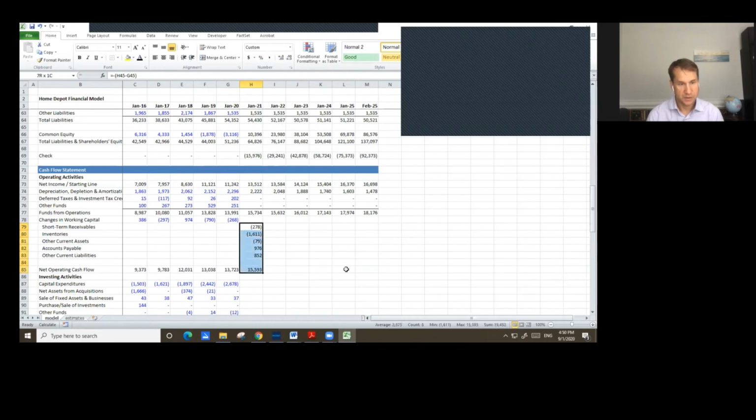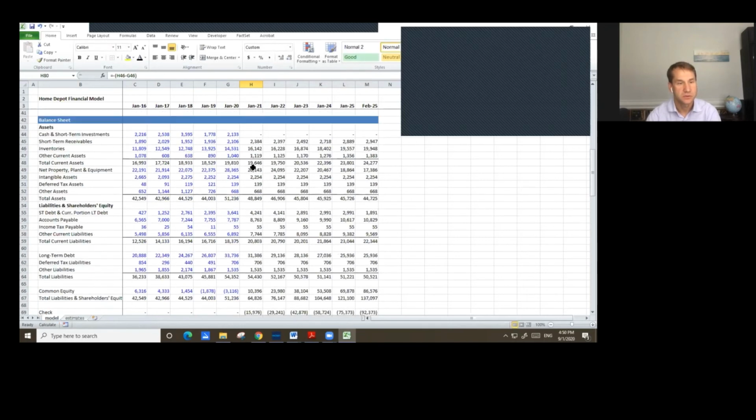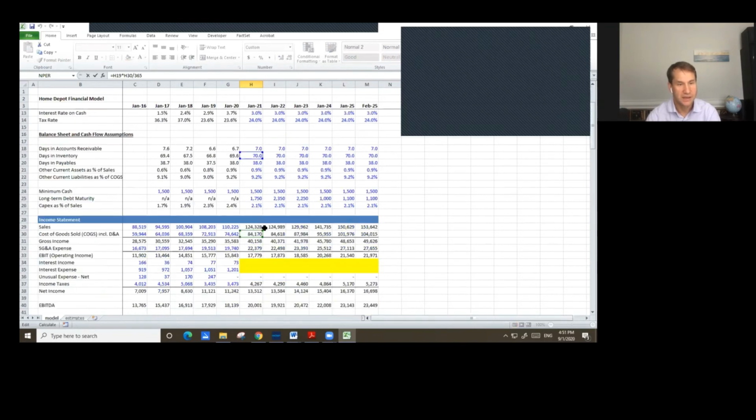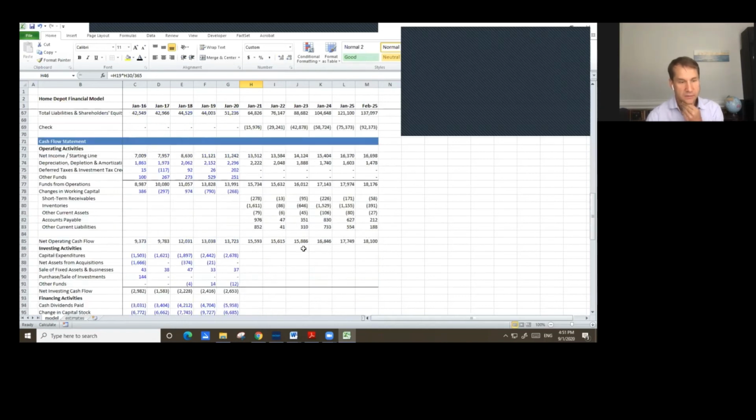Typically, working capital for growing companies is negative. Changes in working capital is negative, and that's the way it is here. For some reason, inventory jumped up a lot. I guess a small rounding in my assumption resulted in a pretty big change. Okay.